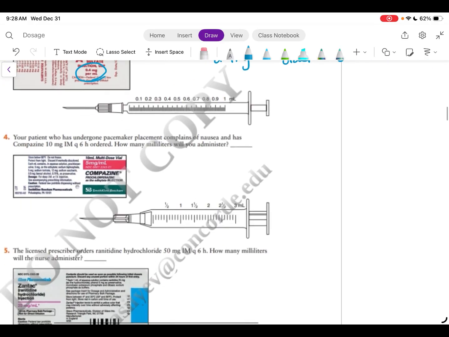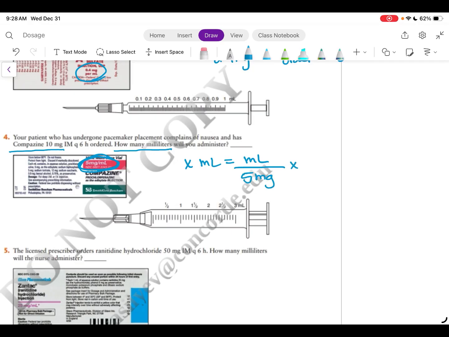Okay. Number 4, you have an order for Compazine for 10 milligrams. How many milliliters are you going to give? X mL. Looking at my label right up here in the pink area, it's telling me that 1 milliliter is equal to 5 milligrams.